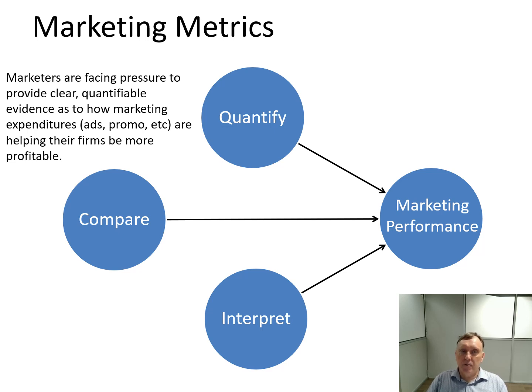So it's very important that we get this information and that it's quantifiable evidence of the possibility of being profitable. So we need to quantify, compare and interpret our metrics so that we can see how they're going to affect our marketing performance. Obviously, we need to do this especially before we start spending large amounts of money on our marketing efforts, to know that we're spending it in the right place beforehand.